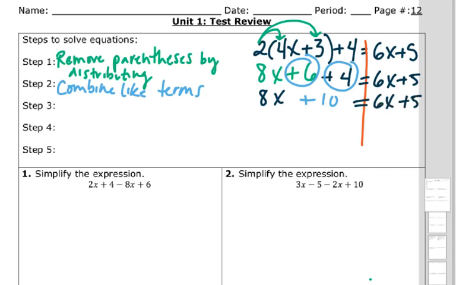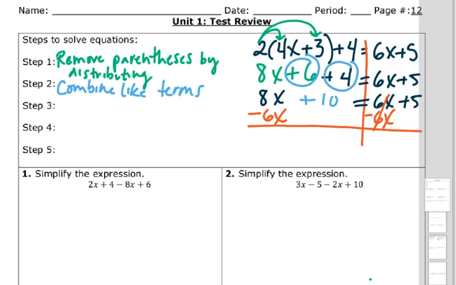Okay, next step, step 3. So what we have here is a variable, or the letter x on the right side, and there's an x on the left side. That's not good. We need to get those x's together, so we need to move the variables so they're on the same side of the equation. What that means is to get rid of the x from this side, I need to subtract 6x, and I go to this side and subtract 6x.